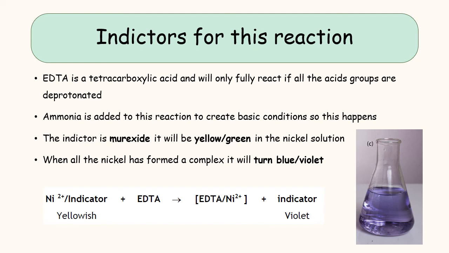It starts off a yellow-green colour, and then it will end up a violet colour. As soon as that murexide indicator is on its own, it will turn violet. It'll start yellow and it'll go violet. So we're looking for a purple colour as our endpoint.